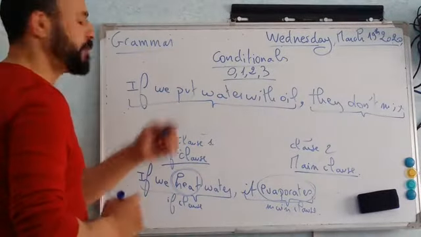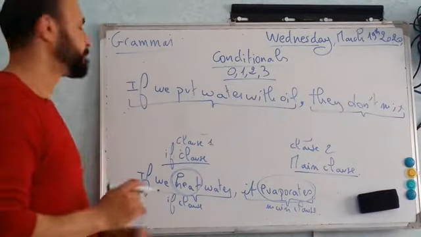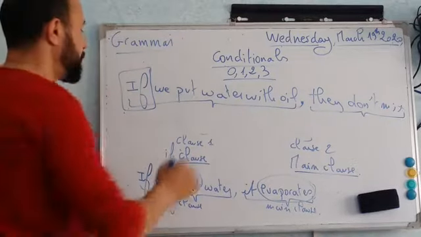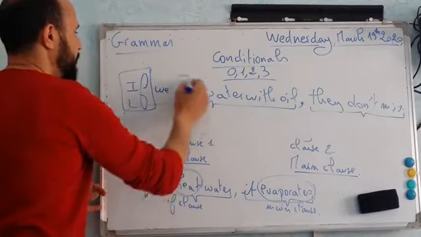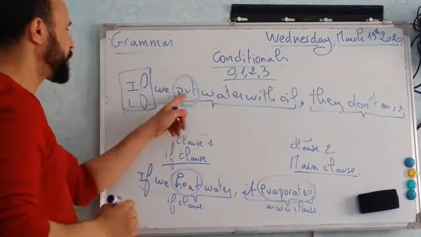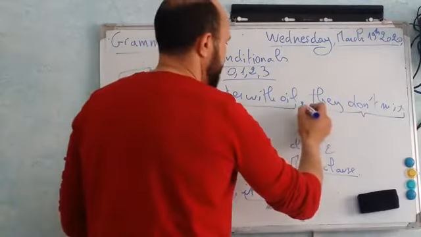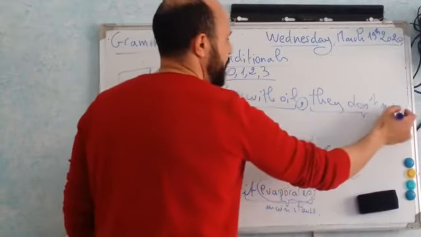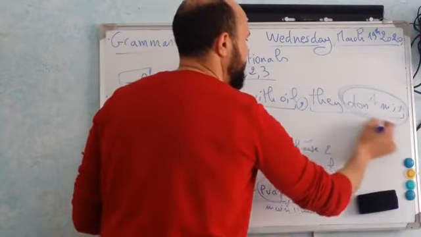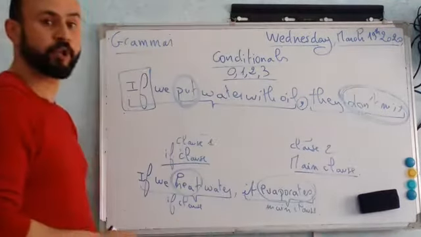Pay attention to the verbs in the two clauses. So we have if plus the verb of the clause, put, and here we have a comma, and then the verb, don't mix. It's a verb in the negative form.